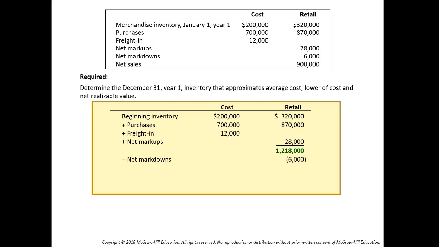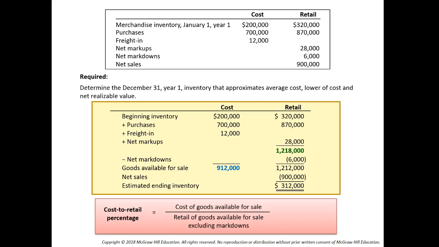1,218,000. Subtract our markdowns to give us our goods available for sale. Our sales, net sales of 900,000 would give us an estimated ending inventory at retail of 312,000.